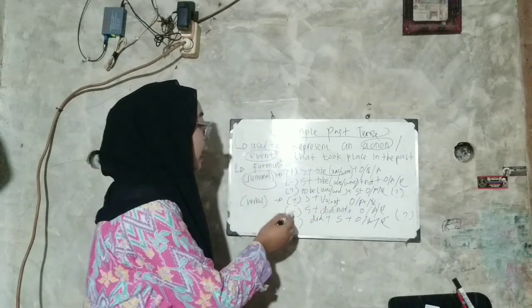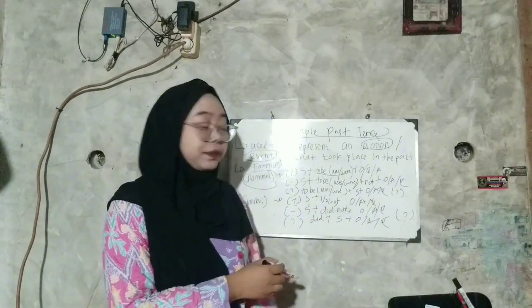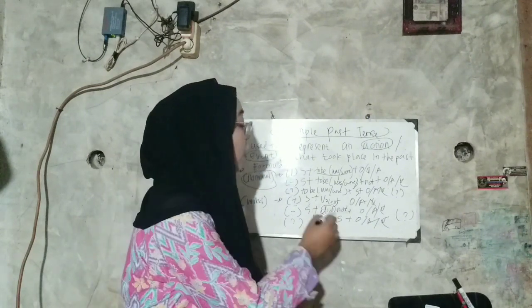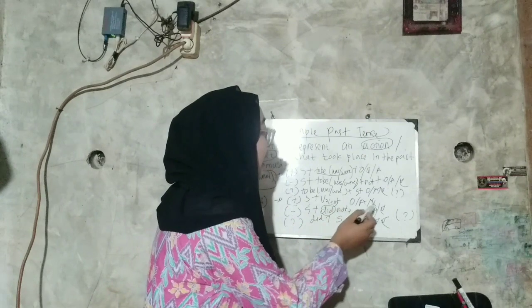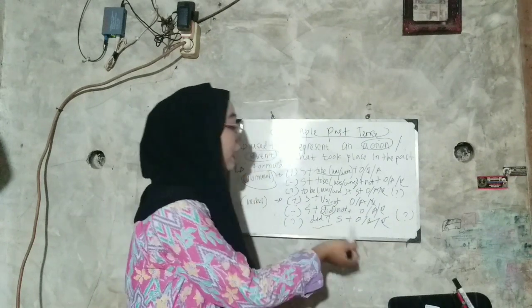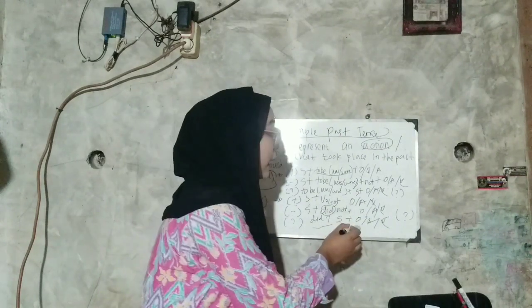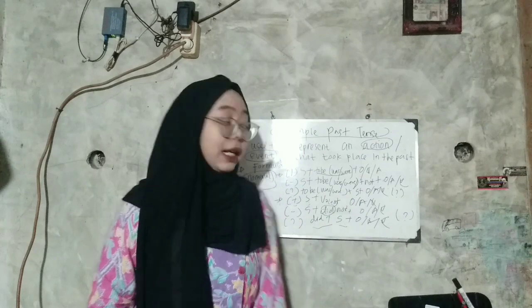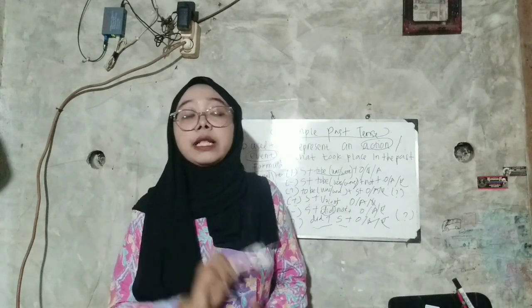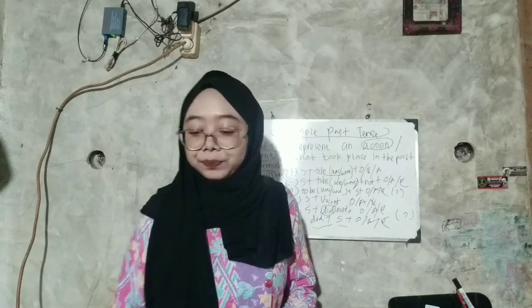And the next is negative. We have subject, we use did and not, did not or didn't, plus object, adverb or complement. And how about the interrogative? The interrogative uses did, subject, object, adverb or complement. Okay, the next is about examples of the simple past tense.